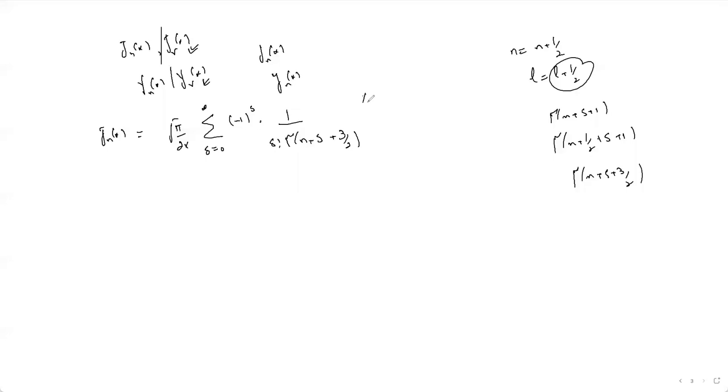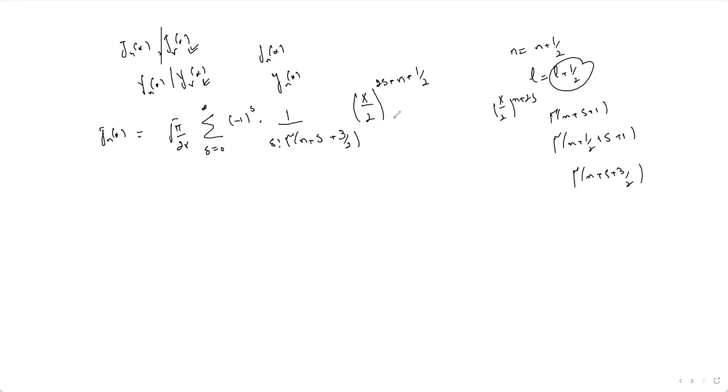Then we have x by 2 raised to power n plus 2s. So with n equal to n plus 1 by 2, it will become x raised to power 2s plus n plus 1 by 2.